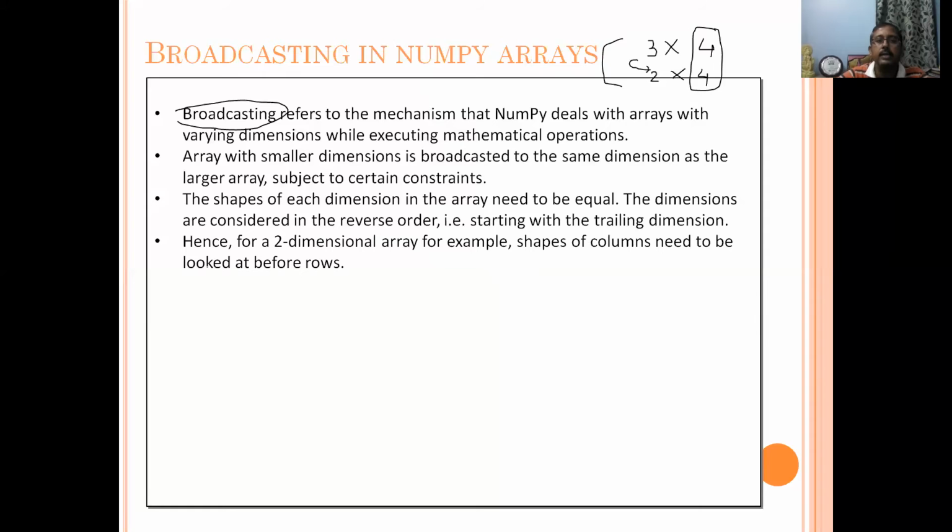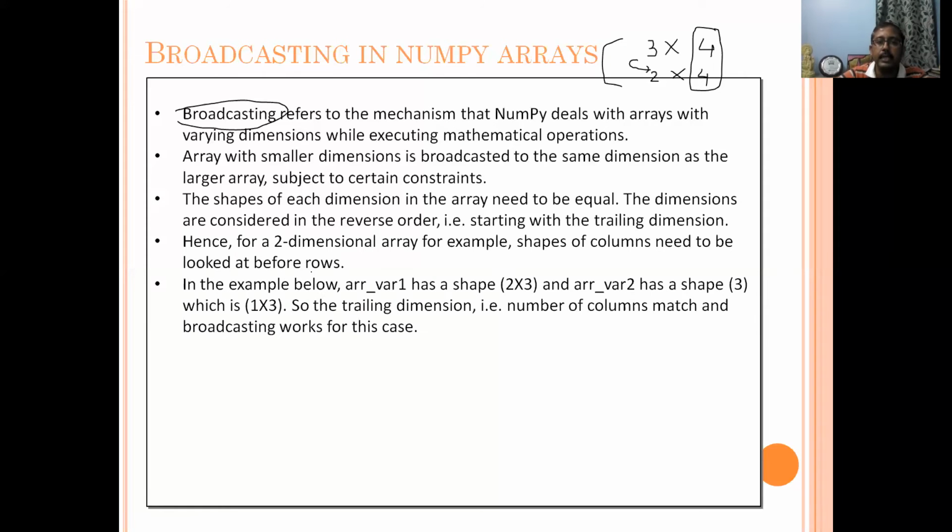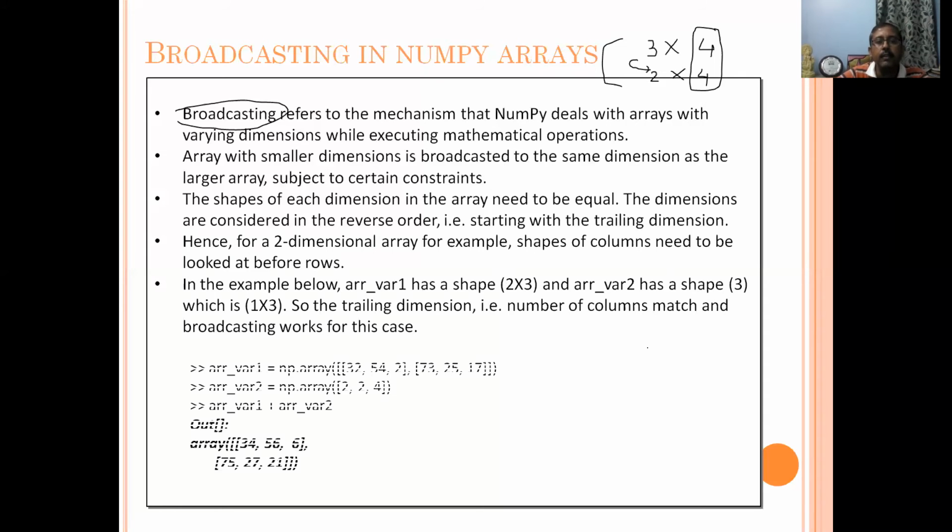Say for example, we take two arrays, 2 cross 3 and 3. 3 means there is only one row having 3 columns. If you try to add them up, the first array is 32, 54, 2, and 73, 25, 17. And the second one is 2, 2, 4.